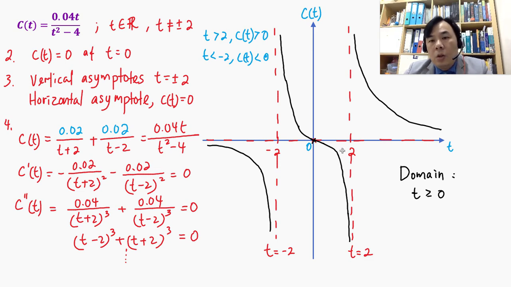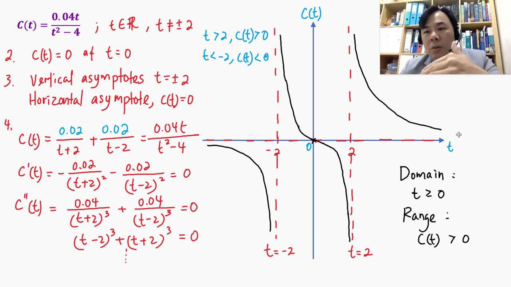And then concentration, usually we don't have negative concentration here. Therefore, the range itself, for a realistic approach, the concentration is always greater than 0 here. It would approach very near to 0.